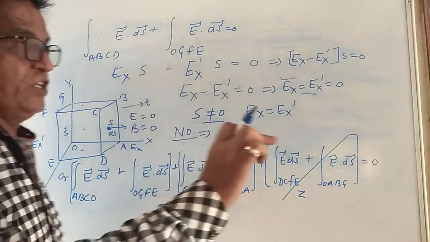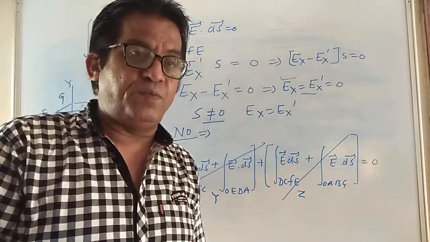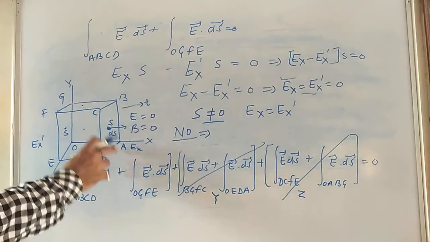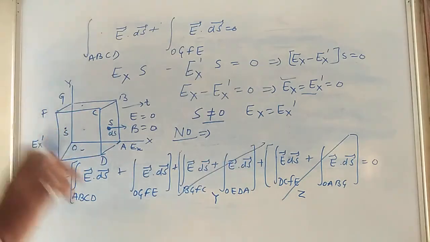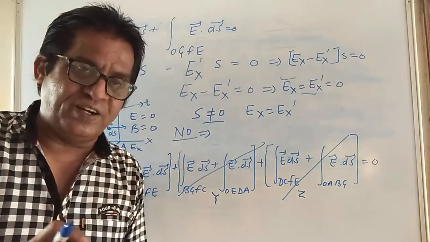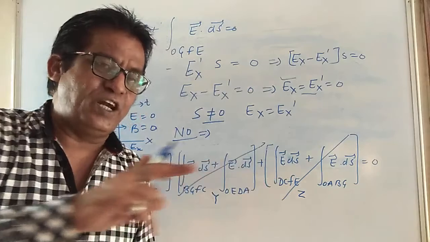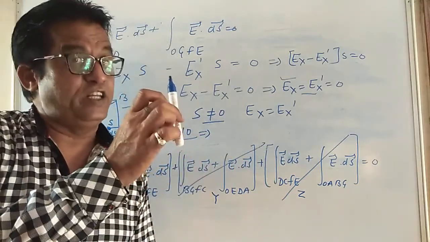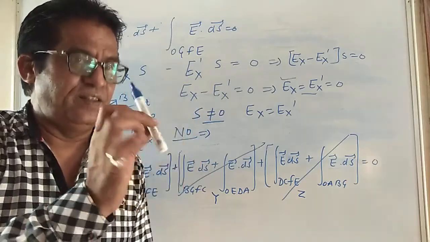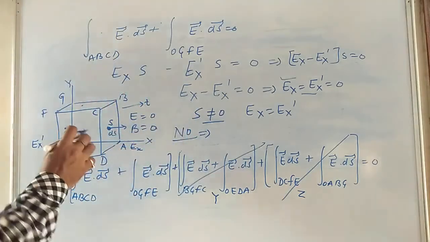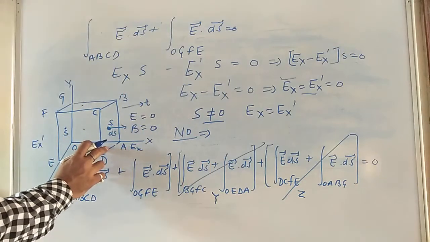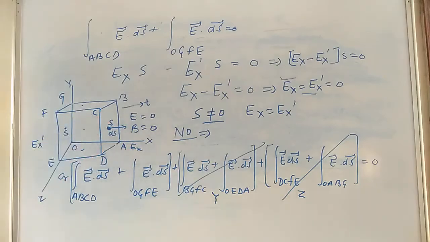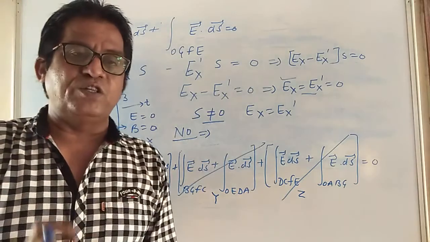Since it is not in the x direction, what is the meaning? It means that the electric field is perpendicular to the direction of propagation of the electromagnetic wave. The electromagnetic wave is going in the x direction, so the electric field is either in y or it may be in z, but not in the x direction. So it is perpendicular to the direction of the electromagnetic wave. A similar argument can be made and is true for the magnetic field.